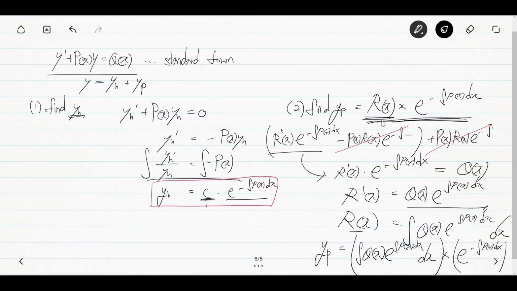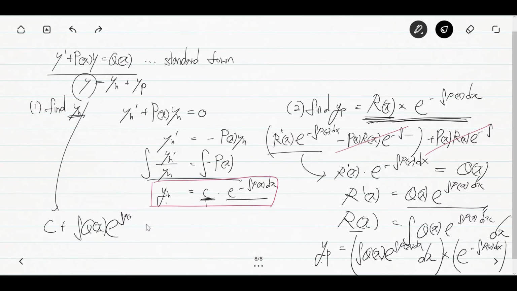Now, we're done. All we have to do is add these two together, and we will get this, which is the formula for first-order linear differential equations.